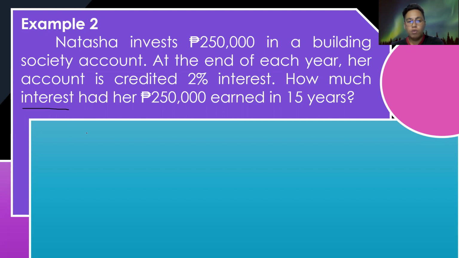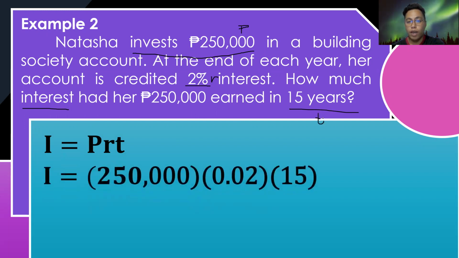The formula to be used is I is equal to PRT. Our principal amount is the invested money, 250,000 pesos. The rate is 2% and the time it will be invested is 15 years. So you have to properly substitute in the formula.